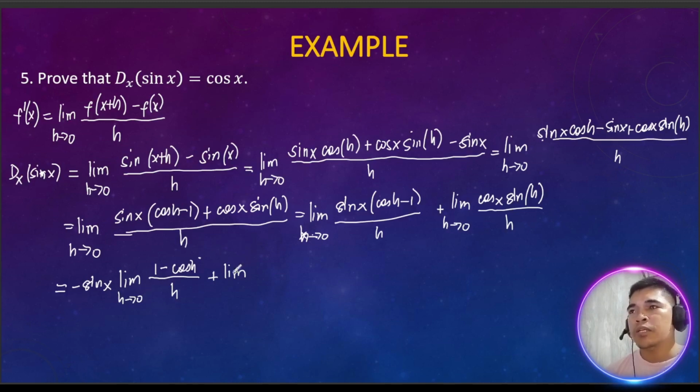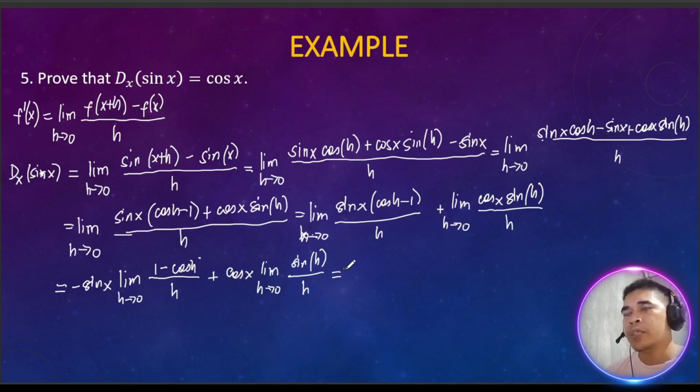Next, here we take out the cosine x. So we have cosine x, and what is left is the limit of sine h over h as h approaches 0.